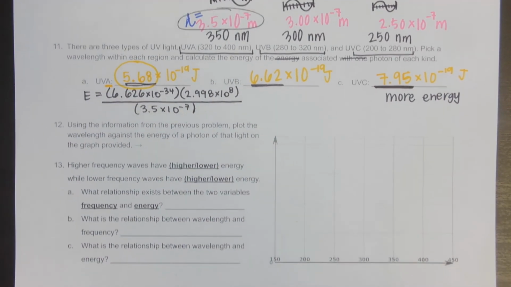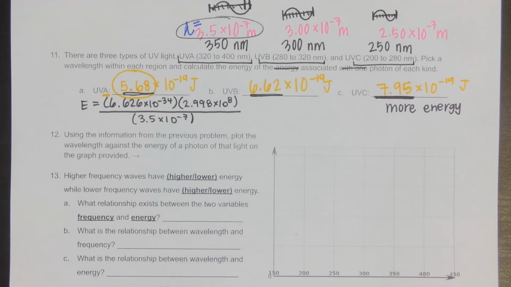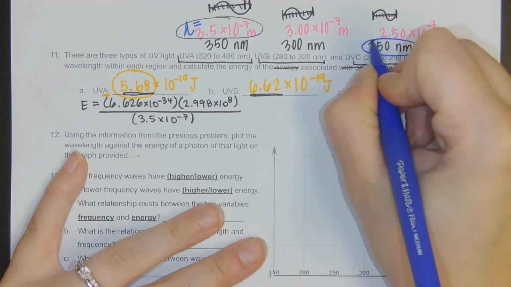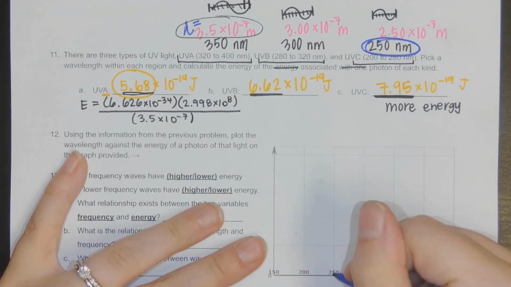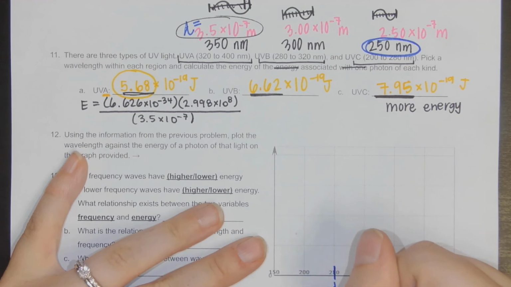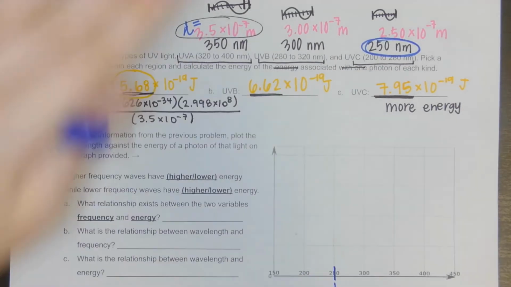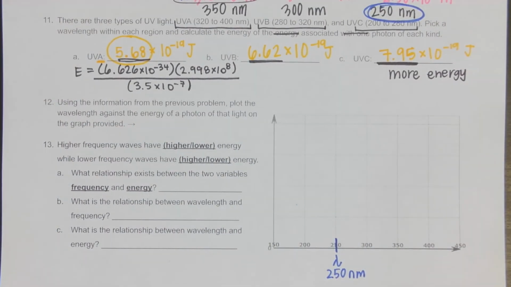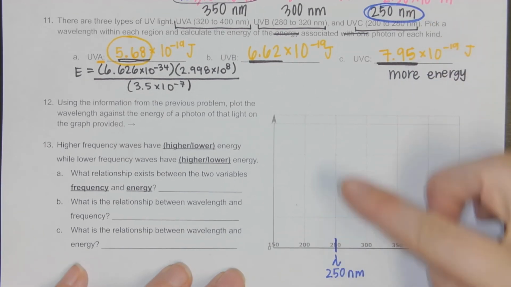So on number 12, we're just going to graph the data. When the wavelength was 250 nanometers, the energy was 7.95 times 10 to the negative 19. So we're going to graph at 250.